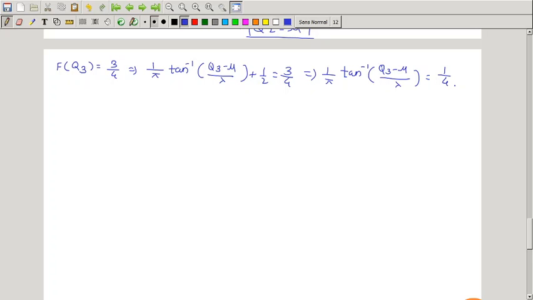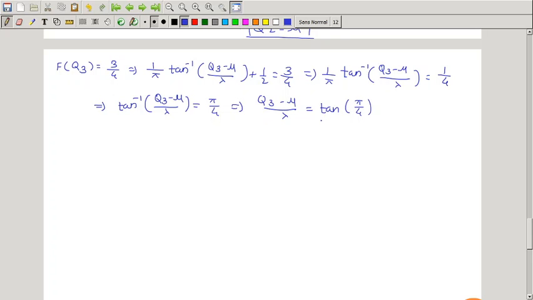So tan inverse of q3 minus mu upon lambda is equal to pi by 4, or q3 minus mu upon lambda is tan pi by 4, and we know that tan pi by 4 is plus 1.